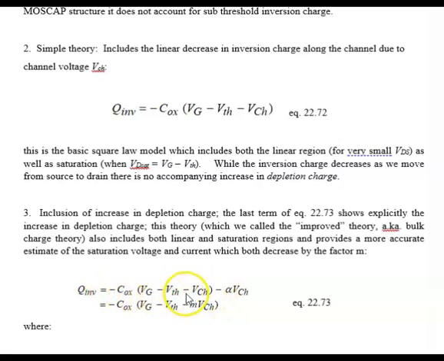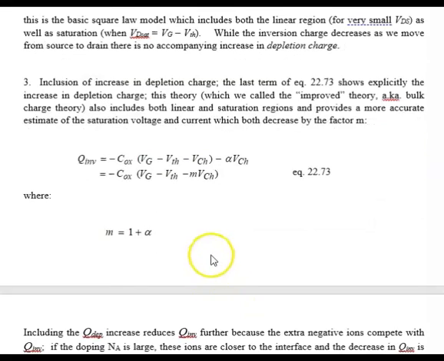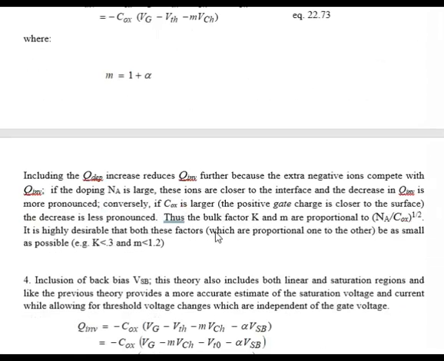This is minus, as minus is plus, and then of course the alpha here represents an increase in negative depletion region across the channel. So as the channel voltage increases, the inversion charge decreases and the depletion charge increases, and that's what gives us our 3/2 effect for the ID-SAT and for the VD-SAT. Or the VD-SAT is reduced a little bit, and IDS has the 3/2 rather than the purely square law.